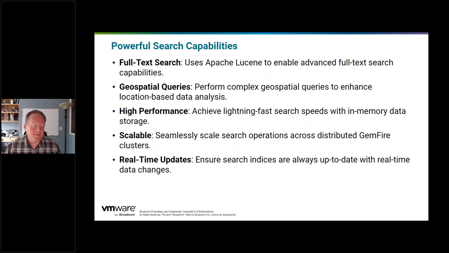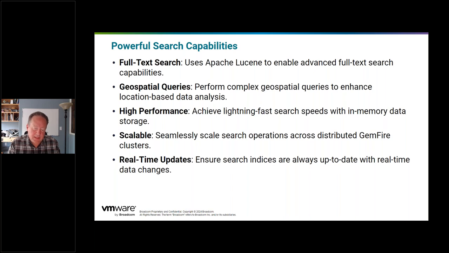In fact, we offer something called GemFire Vector DB, which is a REST interface provided on top of GemFire. Anyway, let's talk about geospatial. So one thing that Lucene also gives us is the ability to do complex geospatial queries, right? So I got my geometries and I want to make sure that something matches, it hits or intersects or whatever the pattern is that you're doing with your geospatial, it's built into it.